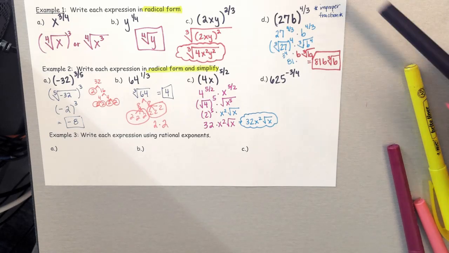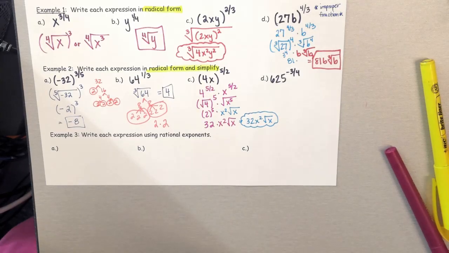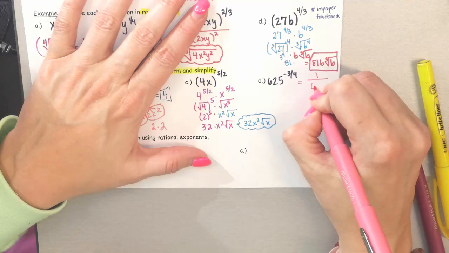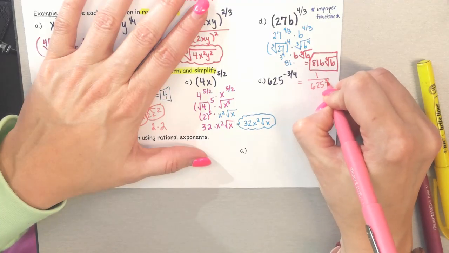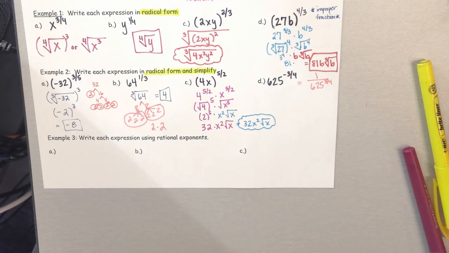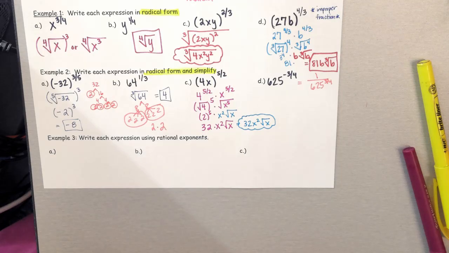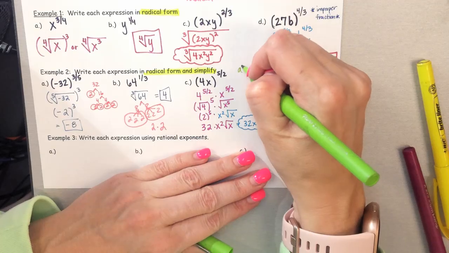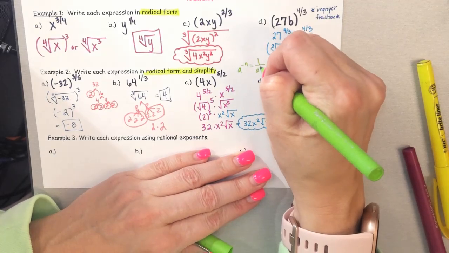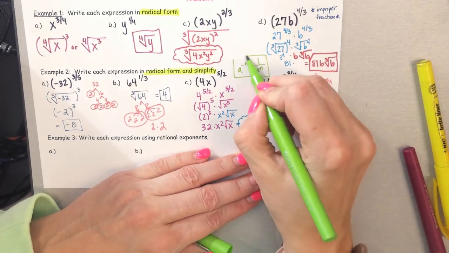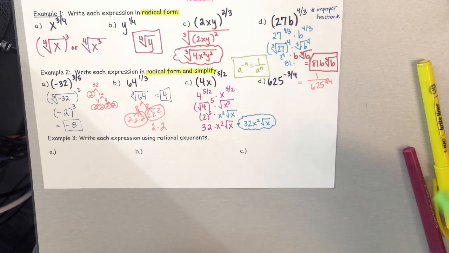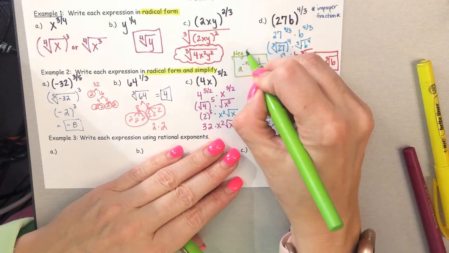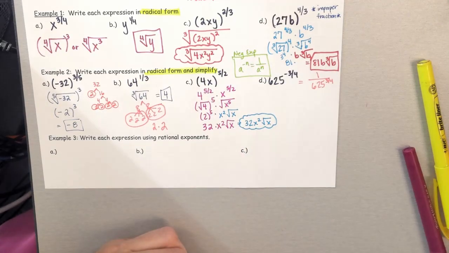So our first step is just going to be 1 over 625 to the 3/4. If you need to write yourself a little reminder, you can write that in there. That's your negative exponent rule.